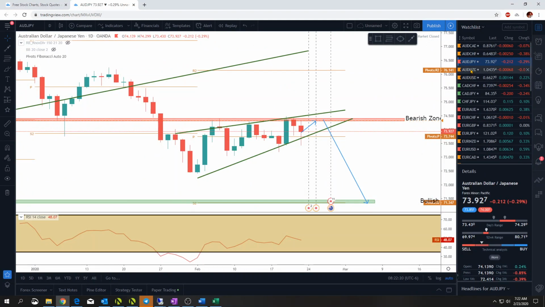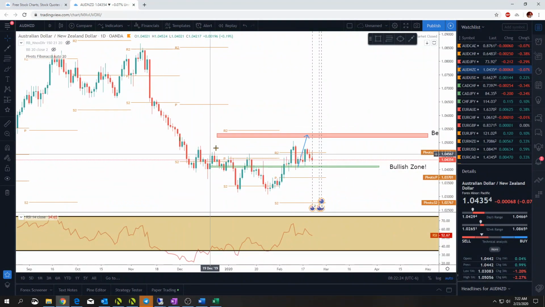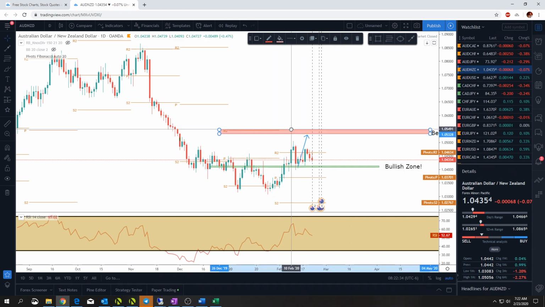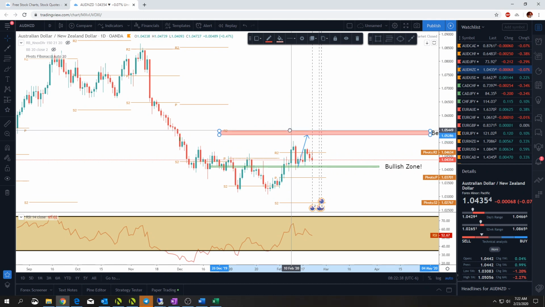All right. Australian dollar, New Zealand dollar. So we've just been in this sideways action. I want to get bullish again if we get into this area. And I'm not bearish to R2. We did break these forward highs. Now we're kind of consolidating.